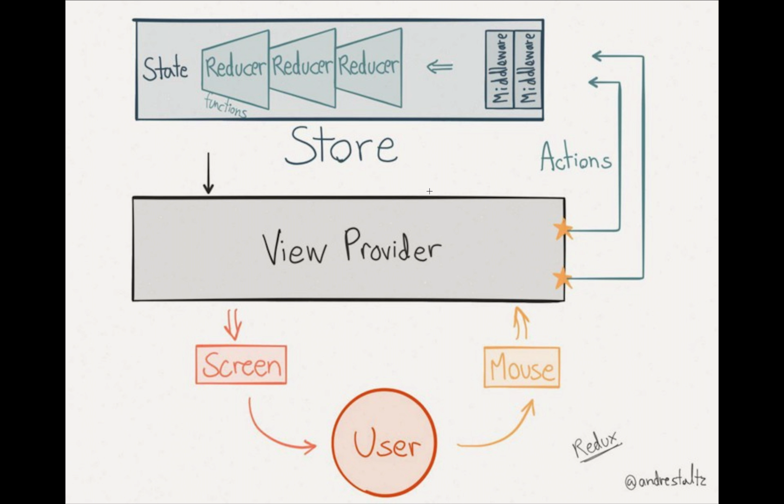Okay, so just start at the bottom, with this stuff at the bottom here. We have a UI, and there's a user there who clicks or mouses over some kind of event on the view provider. So this is the interface that you've created in your app.